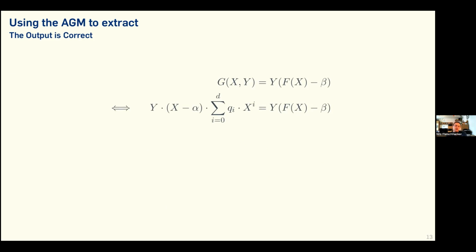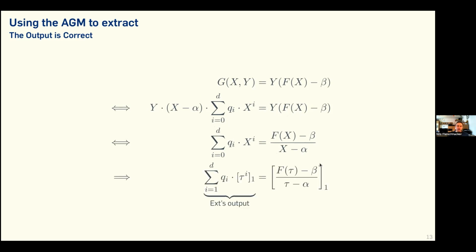So we can plug in the simplified definition of G, and then we can actually divide both sides by this part here. Basically, we divide by Y times X minus alpha. And on the other side, we have a Y, so that cancels out. And then we're left with that this sum of qi times x to the i is equal to f of x minus beta divided by x minus alpha.